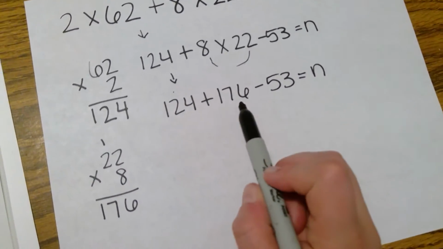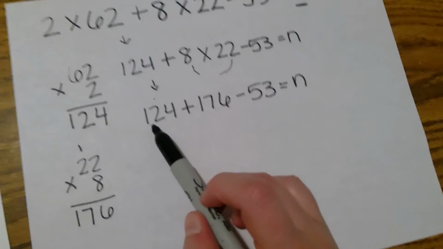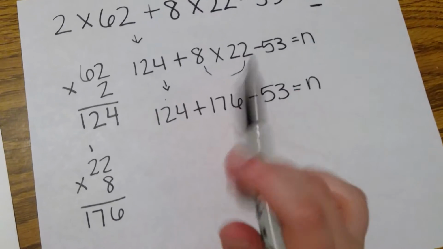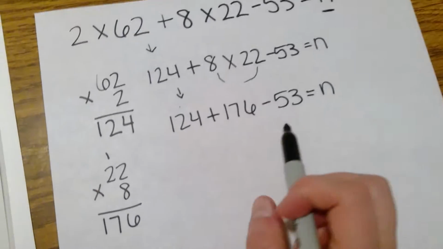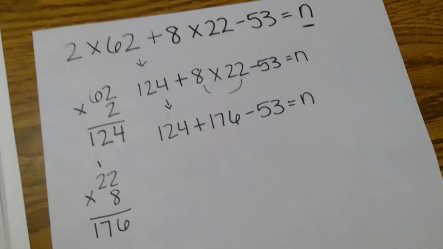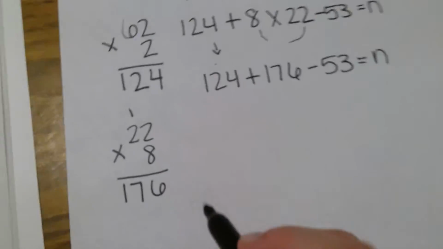We can either do 176 minus 53 and then add it to 124, or we can do 124 plus 176 minus 53. However you choose is fine, as long as all your multiplication and division signs are gone. I'm going to try doing it this way.